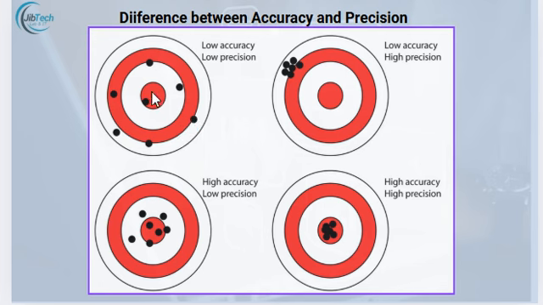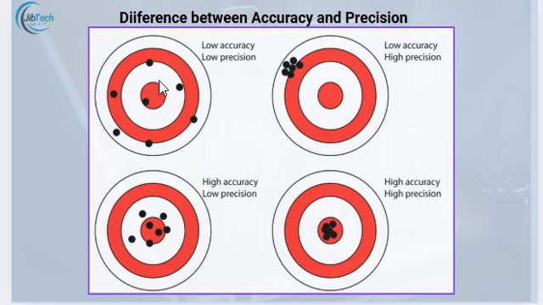Now, looking at this diagram, the inner red circle is what is referred to as the true value, in this case. So whenever you throw your arrow and it falls right into this inner circle, it means you have the true value.